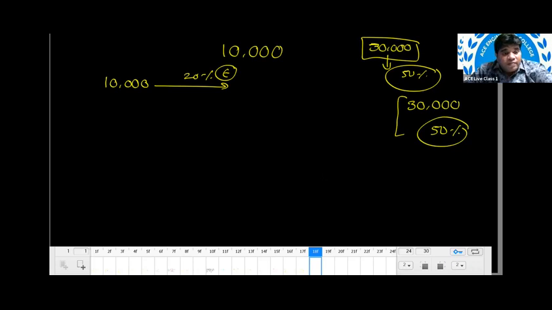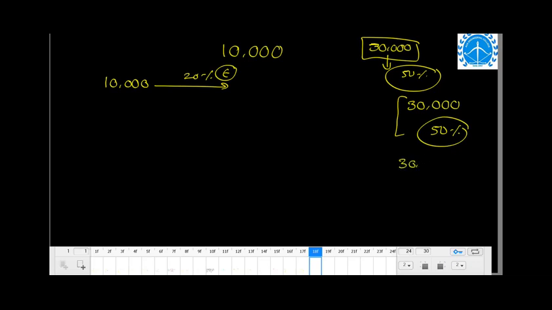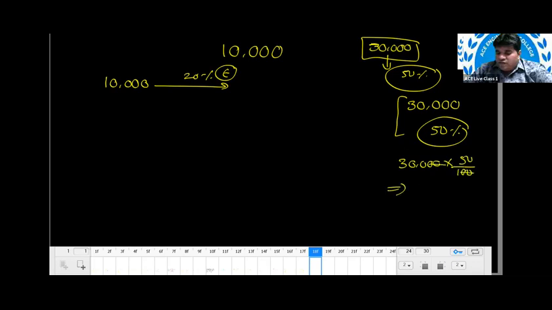How much is that? 15,000. How do we get the 15? 30,000 into 50 by 100, cancel 2 zeros, 5 3s are 15. So this 15,000 out of the 30,000 belongs to your home.